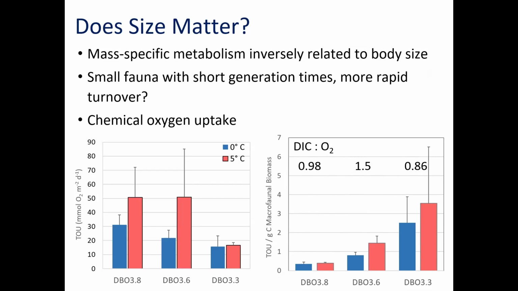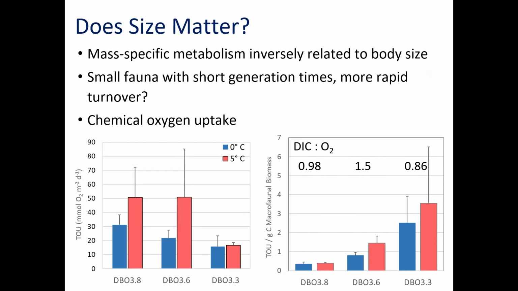But when you look at this information normalized to the biomass of the macrofauna, you see that pound for pound, those smaller body taxa in the coastal water masses are actually more efficient or more rapidly processing that material.